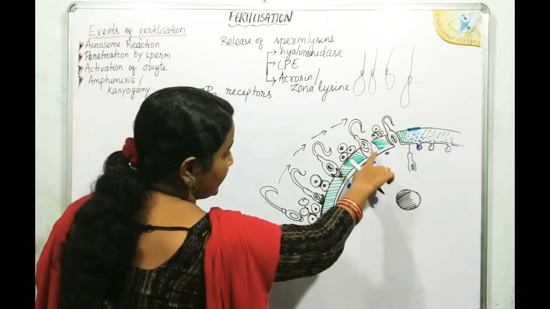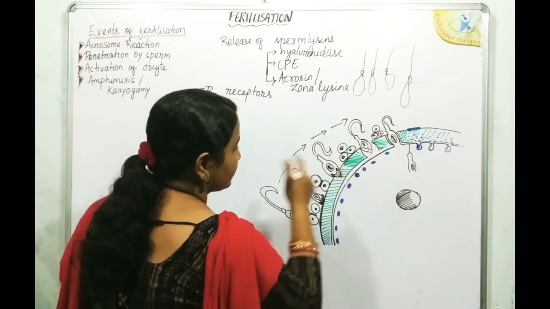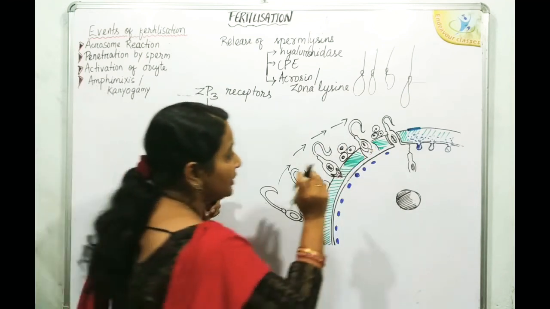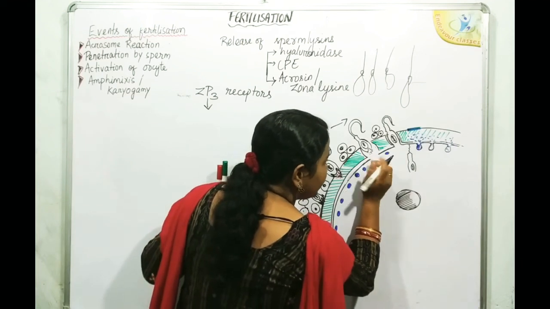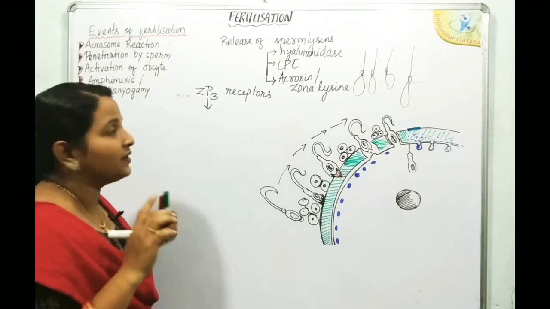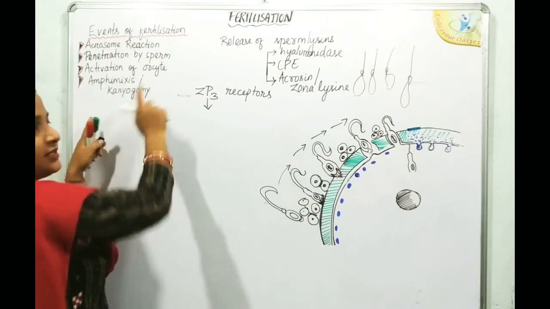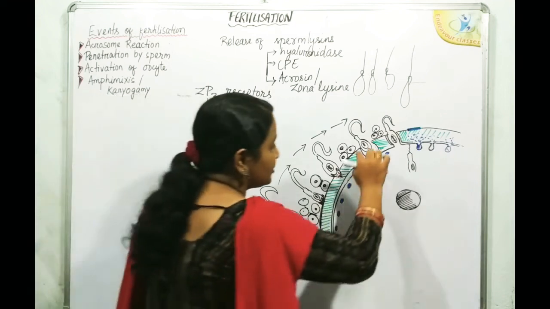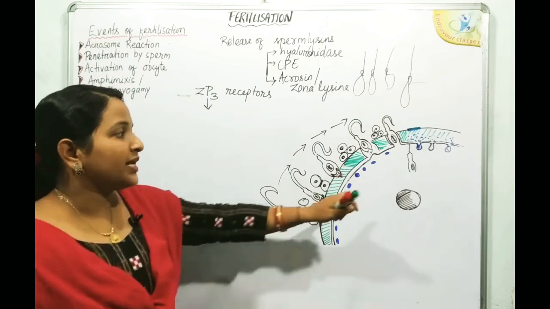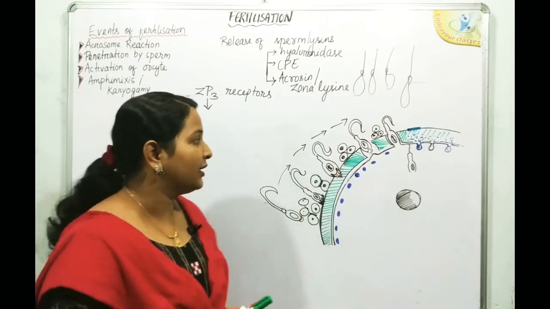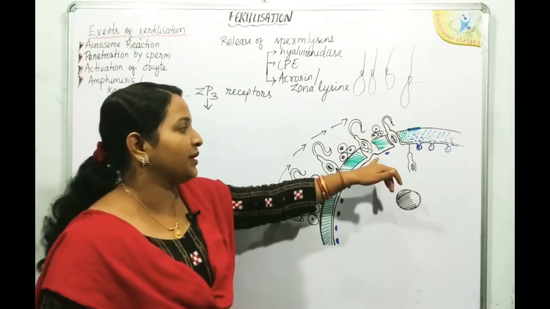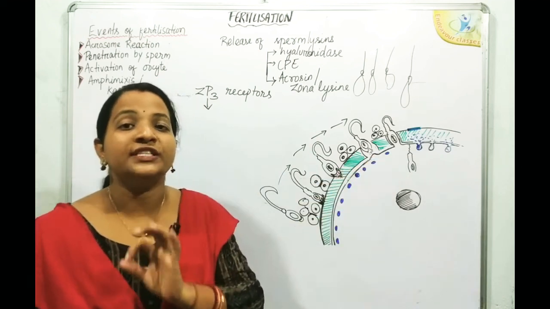Now the sperm has reached the surface of the vitelline membrane, or oolemma. Now what will happen? Here there will be formation of a reception cone. This is the first event of activation of the oocyte. So when the sperm reaches the surface of the vitelline membrane, the oocyte is activated, and the first thing done over the membrane is formation of the reception cone.